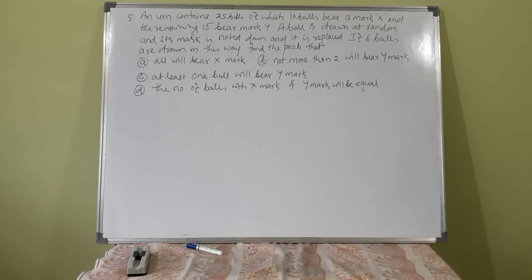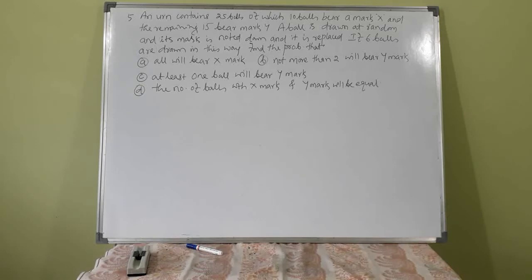Not more than 2 will bear Y mark, at least one will bear Y mark, and the number of balls with X mark and Y mark will be equal. See, totally there are 25 balls, and they can be categorized as X marked and Y marked, only two ways.